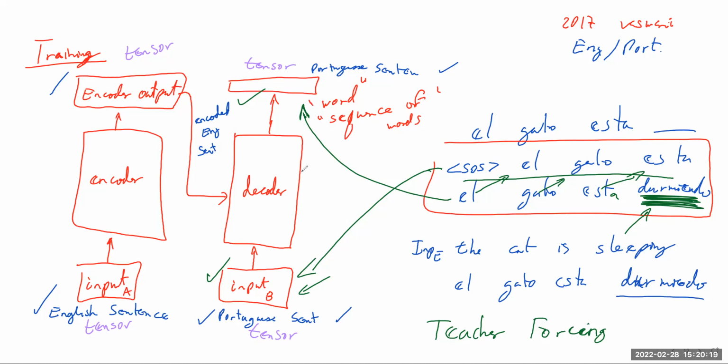Okay, this is the training set. But the architecture is built in such a way that really at this level here, it's only predicting one word, the next word.